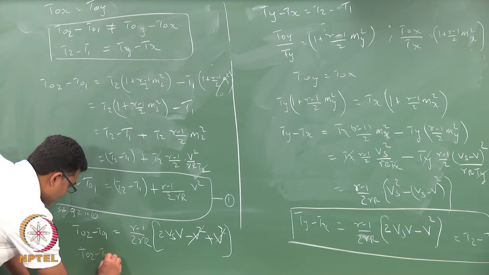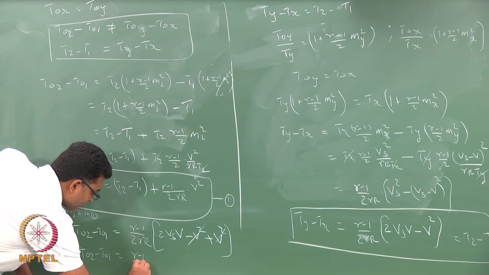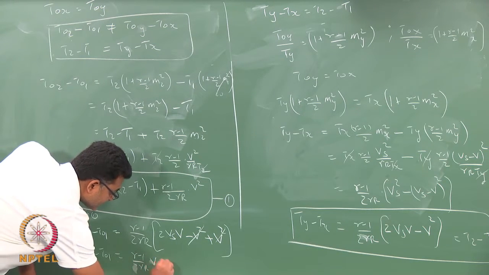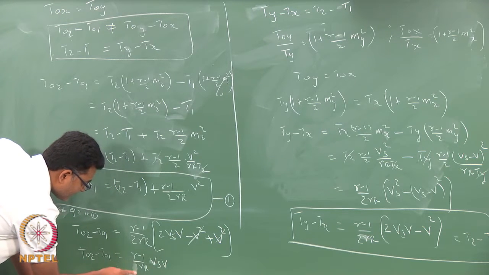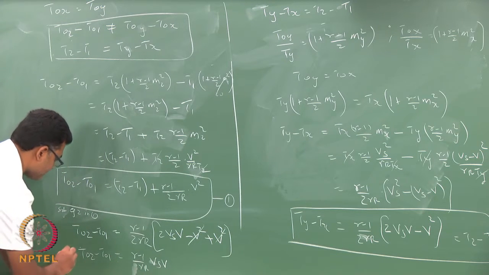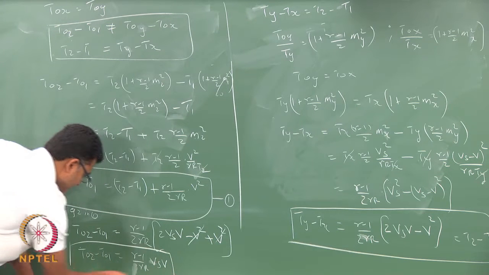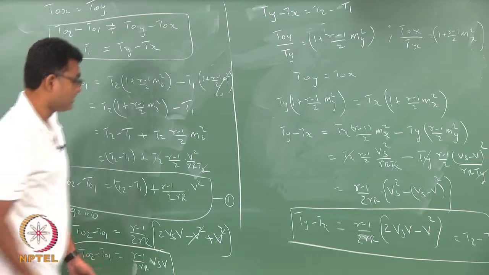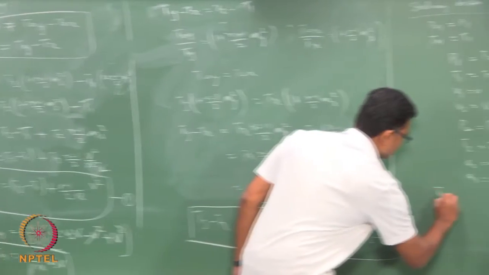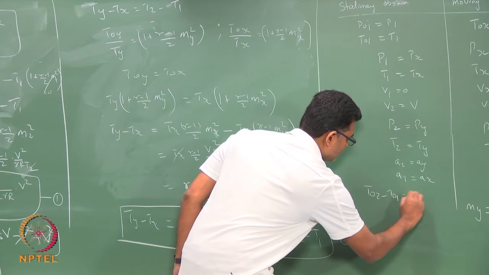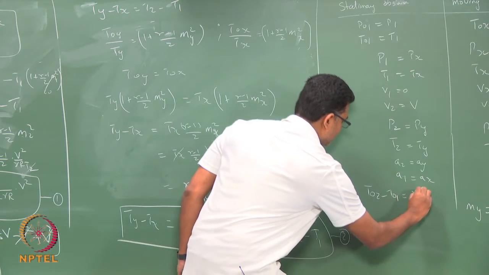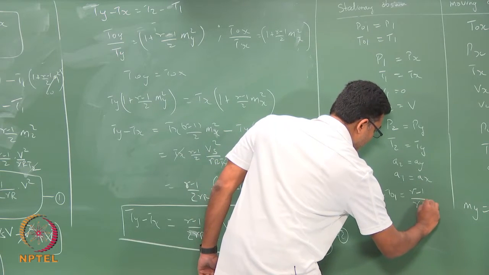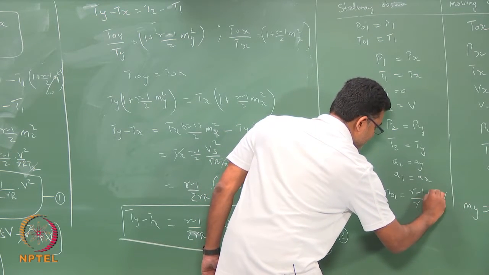T02 minus T01 is gamma minus 1 by 2 gamma R, V square cancels, so Vs V. So T02 minus T01 is gamma minus 1 divided by R gamma Vs V.